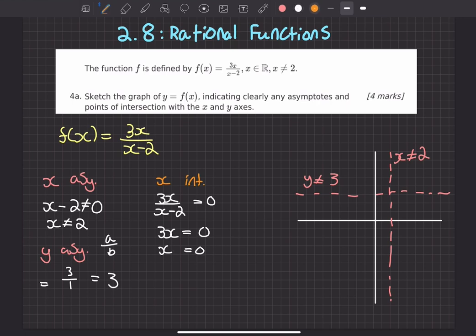And if we do our y-intercept now, so our y-intercept is when x equals 0, so the function of 0. And this will be 3 times 0 over 0 minus 2, which is 0, right? So the line crosses the graphs at 0, 0. So the 0, 0 here is our intercept.